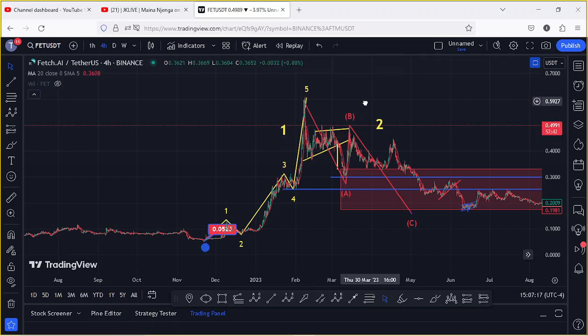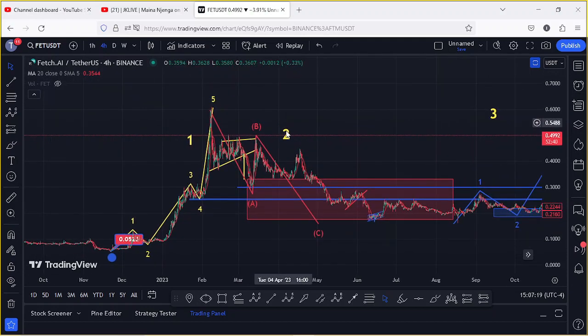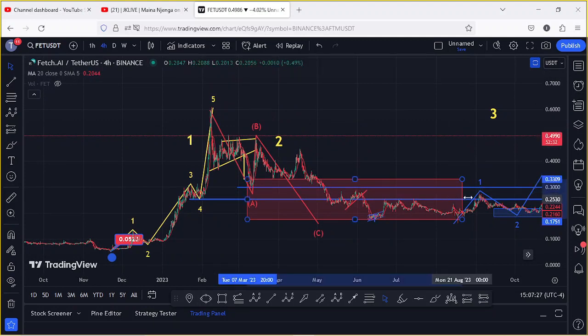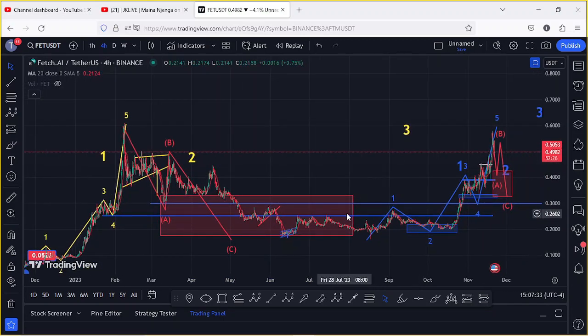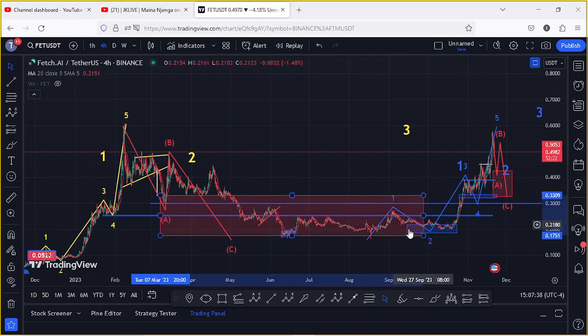After seeing the formation of that first wave, we expected a corrective structure in the formation of this wave 2 into the minimum target areas for the second wave, highlighted on the charts using this red target area, which is an area that we fully maximized, continued to hold within, and we have finally started to see that reaction to the upper side in what could be the start of an impulsive wave in the formation of this wave 3.